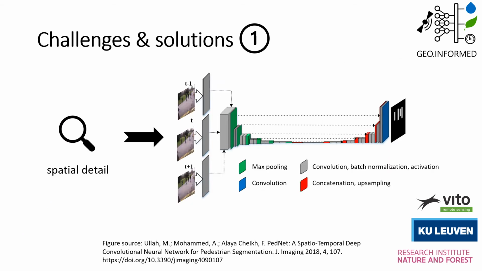4 main challenges are associated with the use of deep learning on satellite data and also especially for environmental applications. The first one stems from the fact that deep learning, and especially convolutional neural networks, often rely on high spatial detail. Sentinel data, however, has a spatial resolution of 10 or 20 meters, so we will have to rely on spatiotemporal deep learning to overcome this challenge.